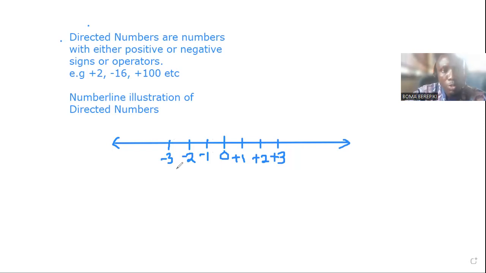So let's go straight up to the principles. I'm going to open another page. Number line principles. That's the directed numbers principles.